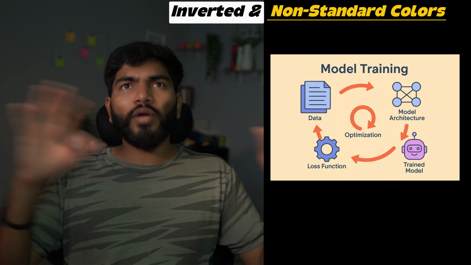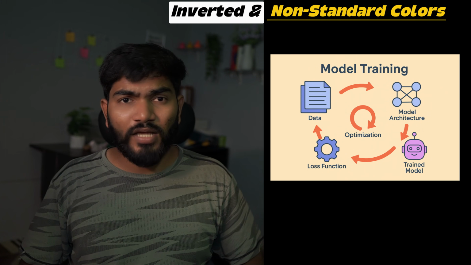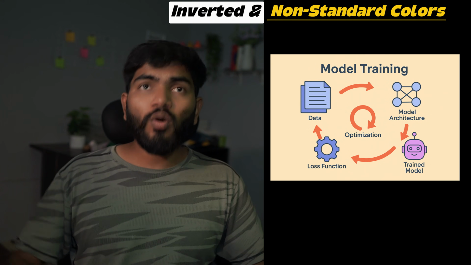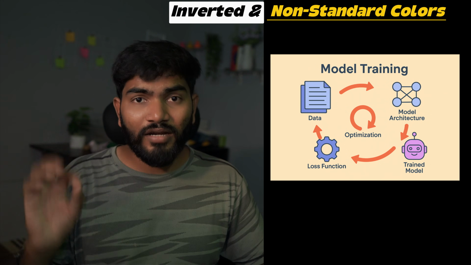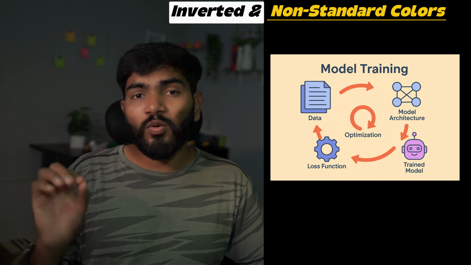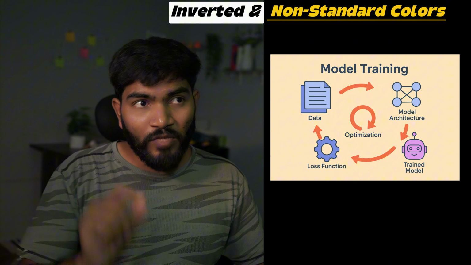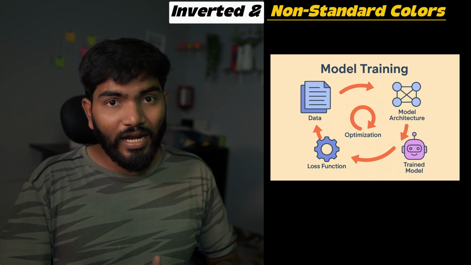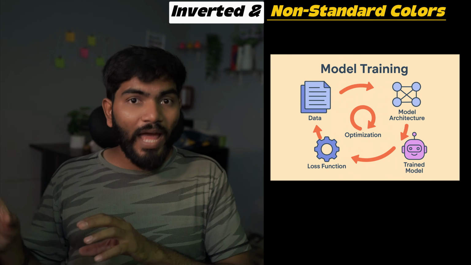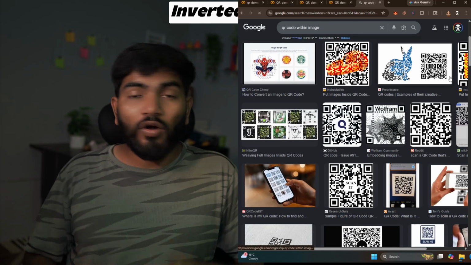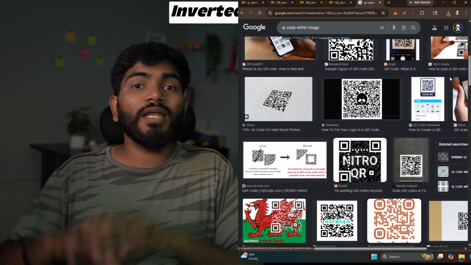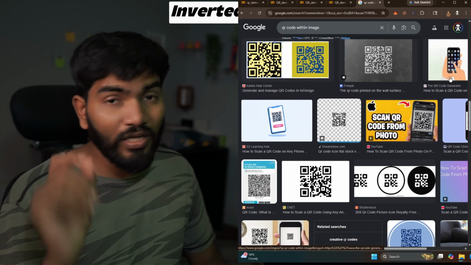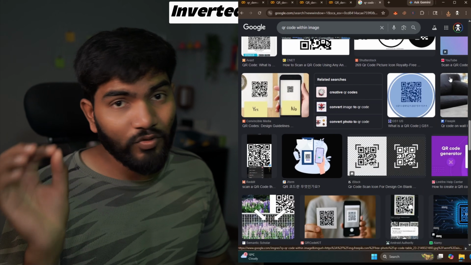So whatever AI models companies are using to prevent phishing and to detect what is in the image, all of these models are trained on data where the QR code is black. So if I send a black QR code through the email, yes, they can detect that. But if I send off-black, or off-white, or blue or red or any other color QR code, then yes, they will have a really hard time detecting that.